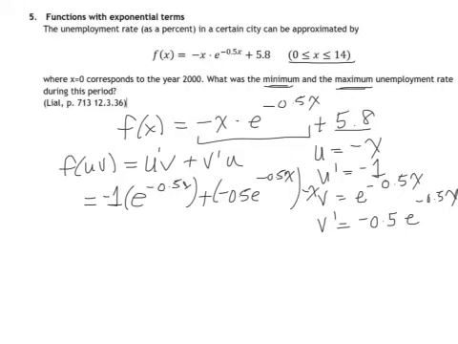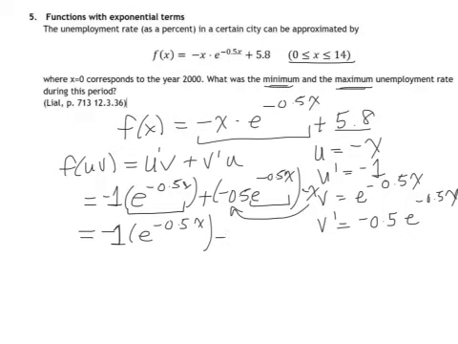All right, so you can see that we still have e to the negative 0.5x terms here, and we also have a multiplication, so we can multiply these terms together and see what we get. So we have negative 1 times e to the negative 0.5x, and then plus 0.5x, because we're multiplying those, e to the negative 0.5x.